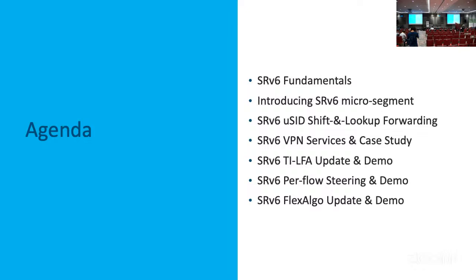So basically, in MPLS we have affinity, right? You try to engineer your links and control the traffic to utilize different SRLGs or different colorings. Similarly, we can do that with SRv6.